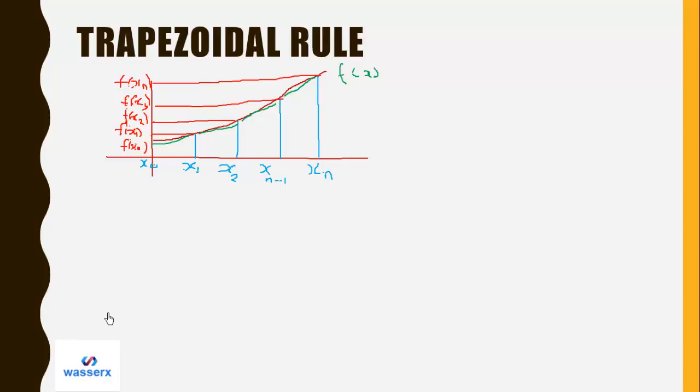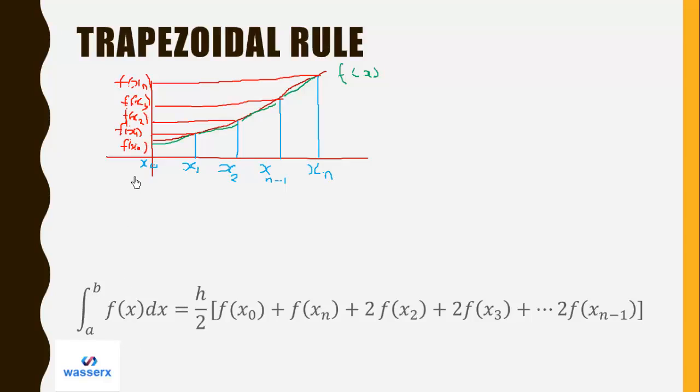So the trapezoidal rule says that if you want to find the area from a to b, in this case from x0 to x sub n, it is given by h over 2 times f of x0 plus f of xn, the last one, then plus 2 times the sum of the ordinates between the first value and the last value.